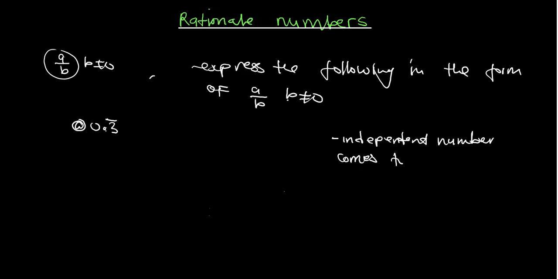So this contradicts our assumption that √5 minus 1 is rational.